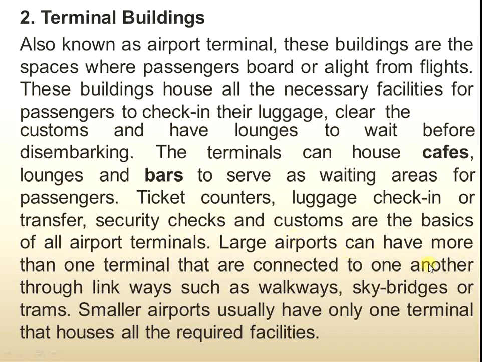The large airports can have more than one terminal that are connected to one another through linkways such as walkways, sky bridges, and trams. A large airport, that is an international airport or a big airport, has one or more terminal buildings, which are connected with walkways, sky bridges or trams.